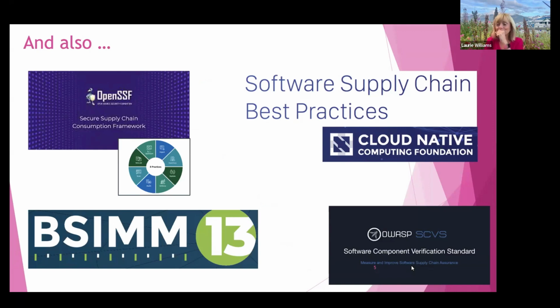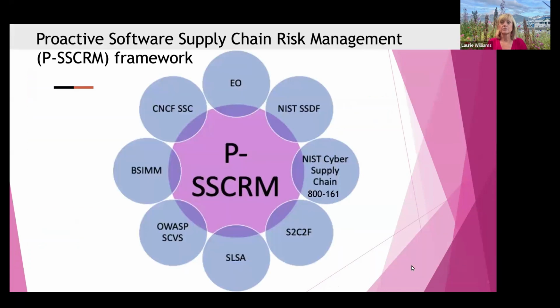OWASP has the Software Component Verification Standard, and then BSIMM is very much like SAMM. It's included in there just to make it straight that Synopsys funded this work and BSIMM is theirs. That was the one that's different from the others because it's more general. All of the others were chosen specifically because they are frameworks on supply chain.